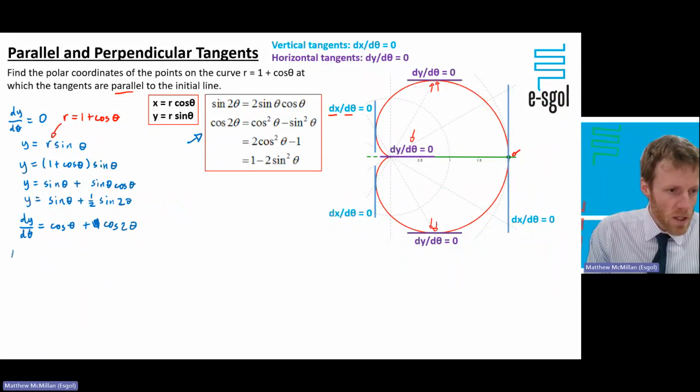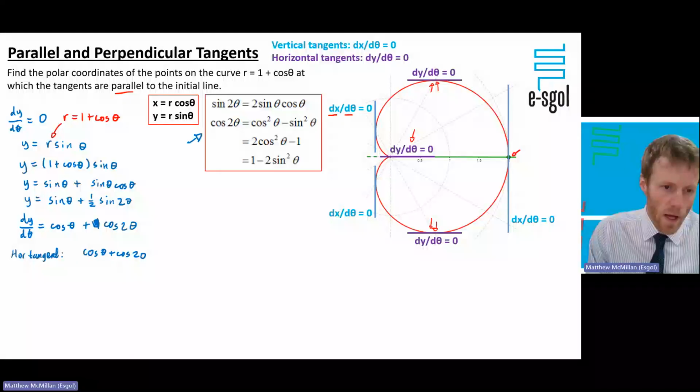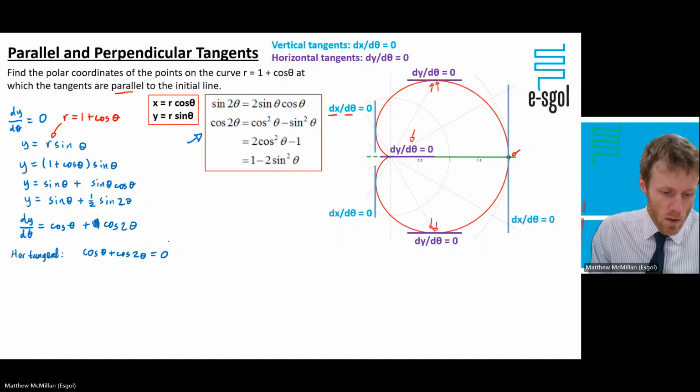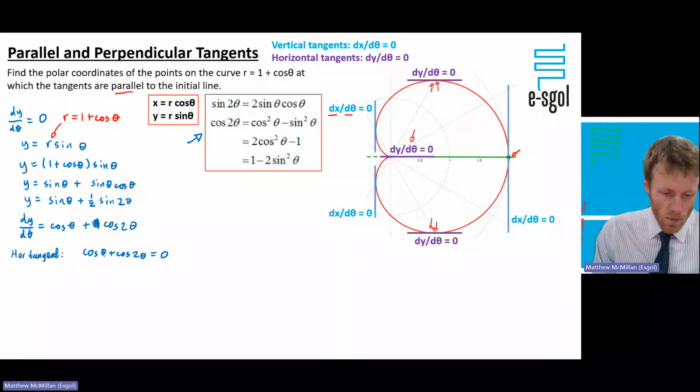For a horizontal tangent, I would like this cos theta plus cos 2 theta to equal 0. Now, it's not very nice if I've got a theta and a 2 theta, so I'm going to use one of my trig identities here. Again, it's this one here.